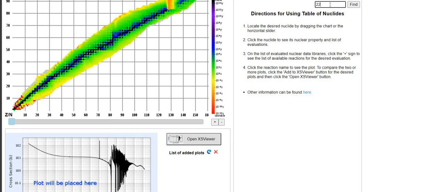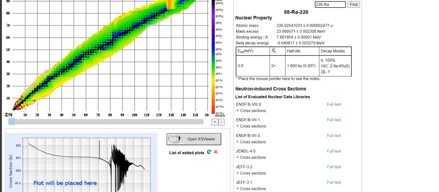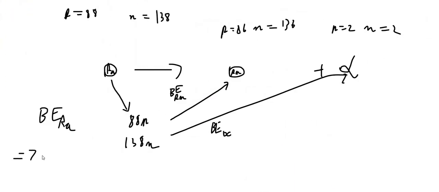Just a second. So that's the binding energy of radium. It's about 7.66. So it takes 7.66 MeV of energy and then it breaks down into this.